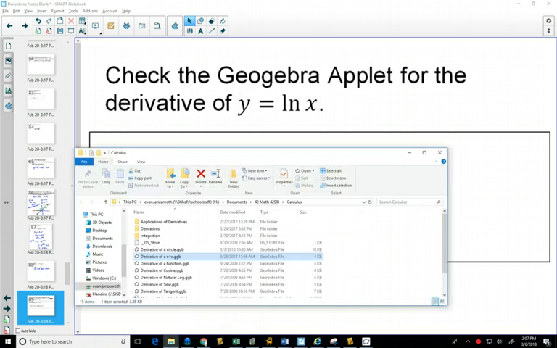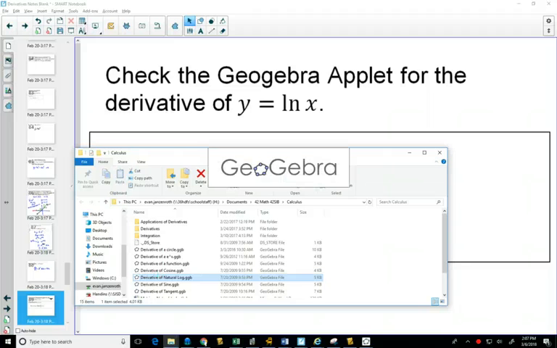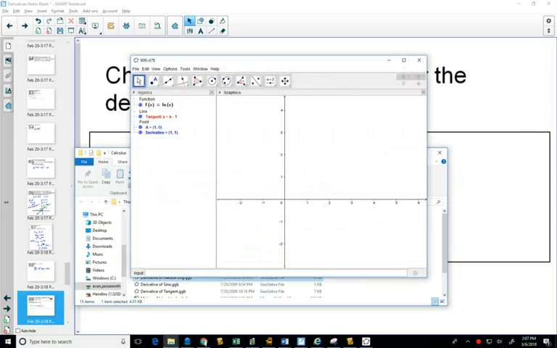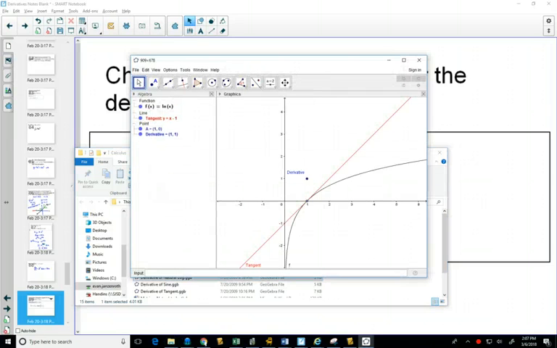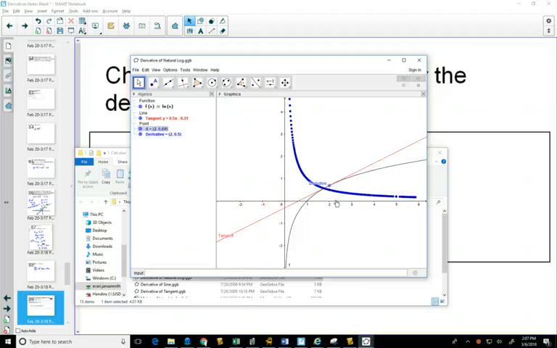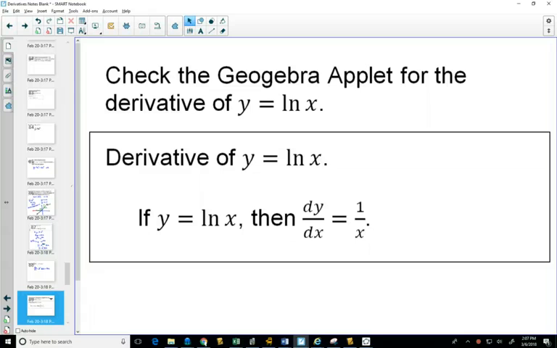We're going to check this one out. Here's our natural log. And if we did the derivative of any natural log, it is half of a 1 over x graph.